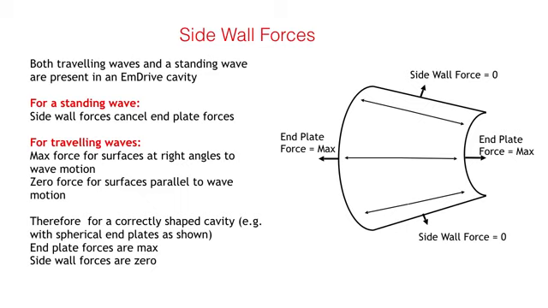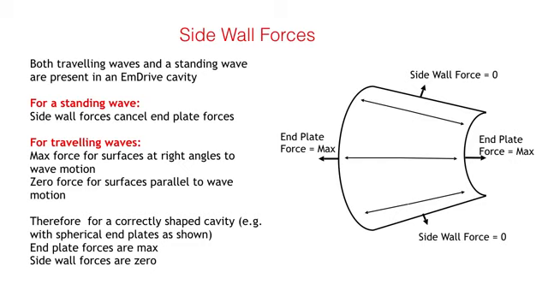Now it's important to understand that the field structure within the cavity is the superposition of a standing wave varying with time and multiple travelling waves varying with both time and position. For the standing wave, which is itself a result of the travelling waves varying in phase, the sidewall force does indeed cancel out the end plate forces.